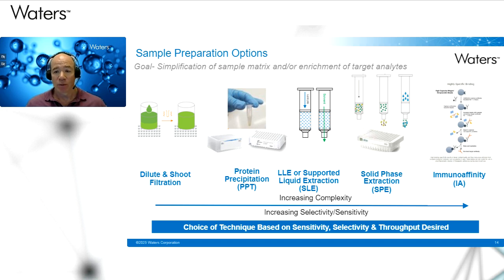That's used for many protein or peptide analytes where we really need high sensitivity, but often for small molecules as well. Once again, we're getting increasingly complex and increasingly selective, and we really want a fit for purpose method that fits what we're doing for the assay.